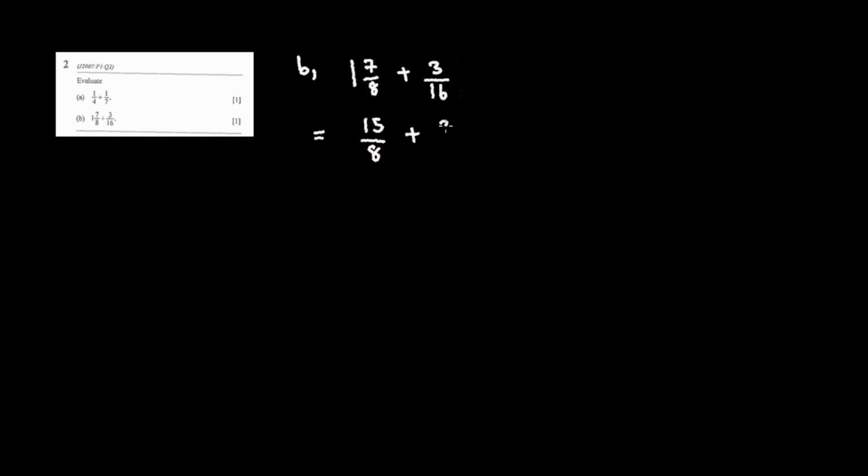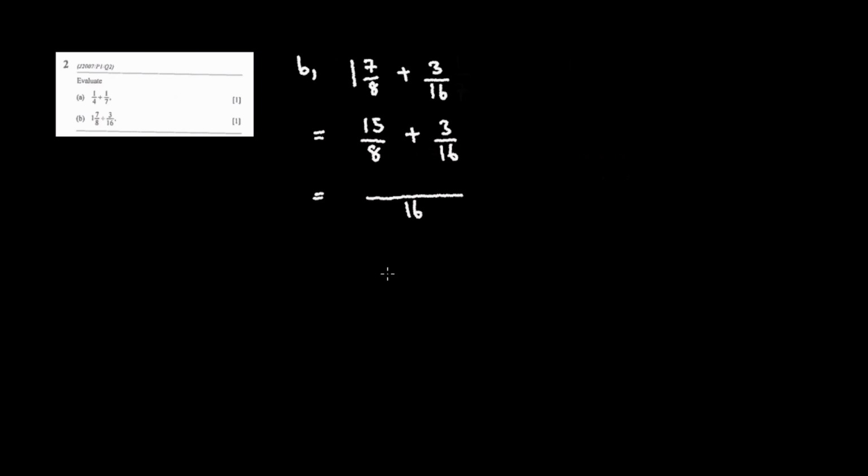And this is adding 3 over 16. Now since both terms are now fractions, we need a common denominator. So our common denominator here is easily going to be 16, because 8 is a factor of 16. In other words, 8 divides perfectly into 16 without leaving a remainder. And of course, 16 divides into 16.